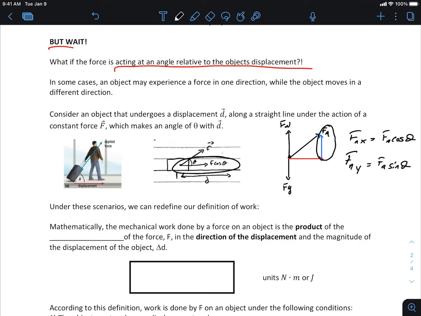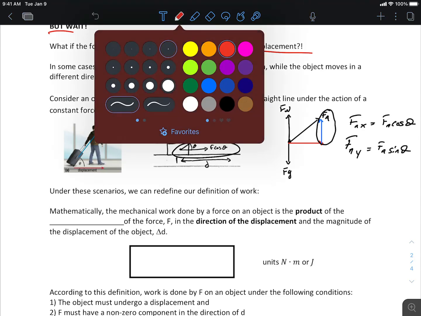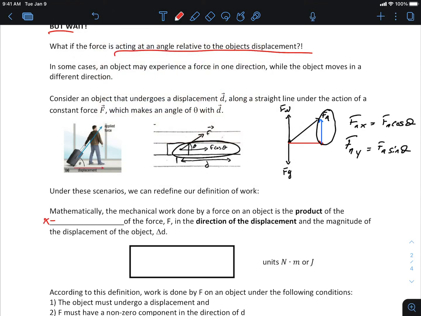Okay? And so if we were to rewrite this, we really only look at the X component of the force and the direction of the displacement. It's still F d, but I'm interested in the X component of the force.